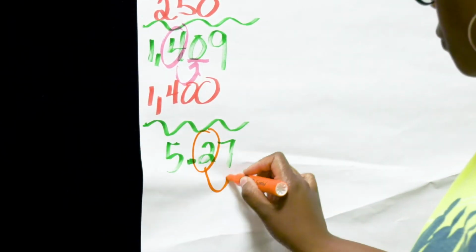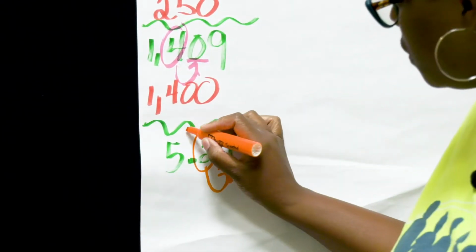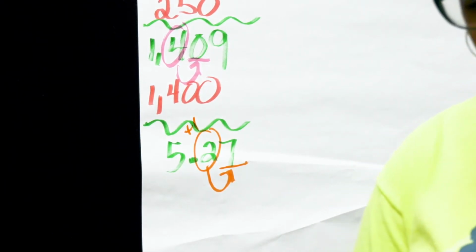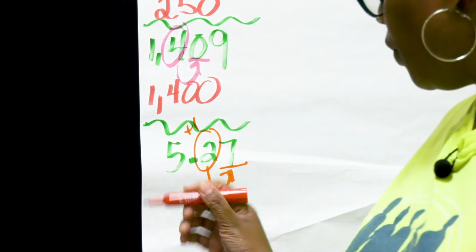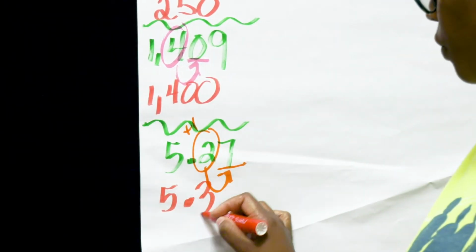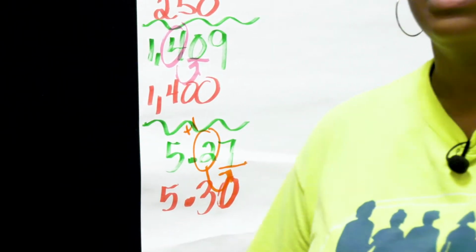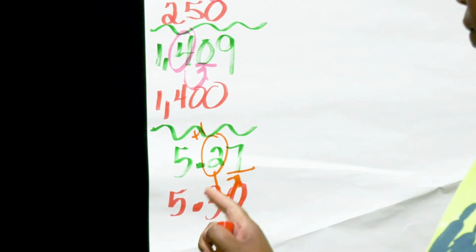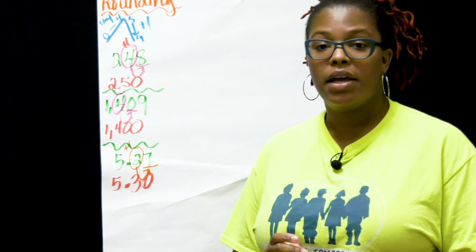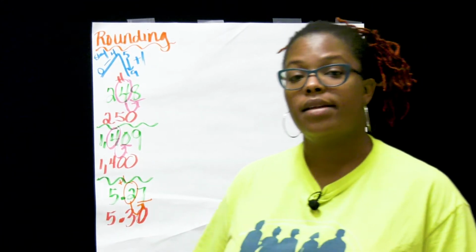One place over, move to the right, underline. What does the 7 tell me to do to the 2? It tells me to add 1. So anything in front of my circle digit comes down, stays the same. Bring down my 5, bring my decimal down. My 2 turns into a 3. Anything after my circle digit turns into a 0. So 5 and 27 hundredths rounded to the nearest tenths is 5 and 30/100, or I could drop the 0 and just say 5 and 3/10.